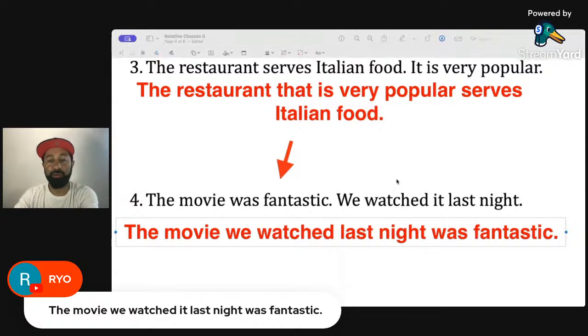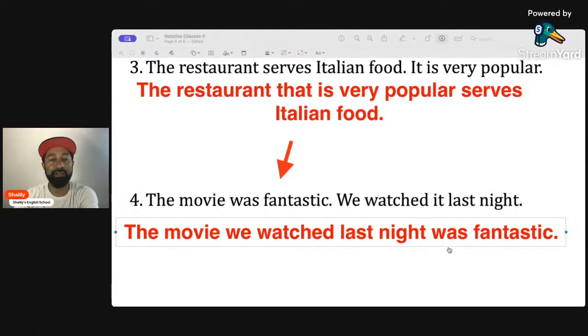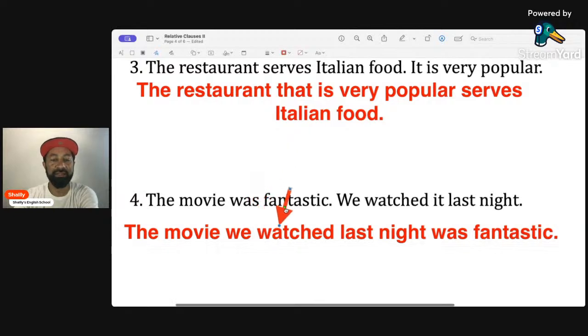But great job in not including the relative pronoun. Here, we do not need a relative pronoun because we've got subject and verb. Whenever we have subject and verb, I don't need to put anything here. If you want to, that's fine.